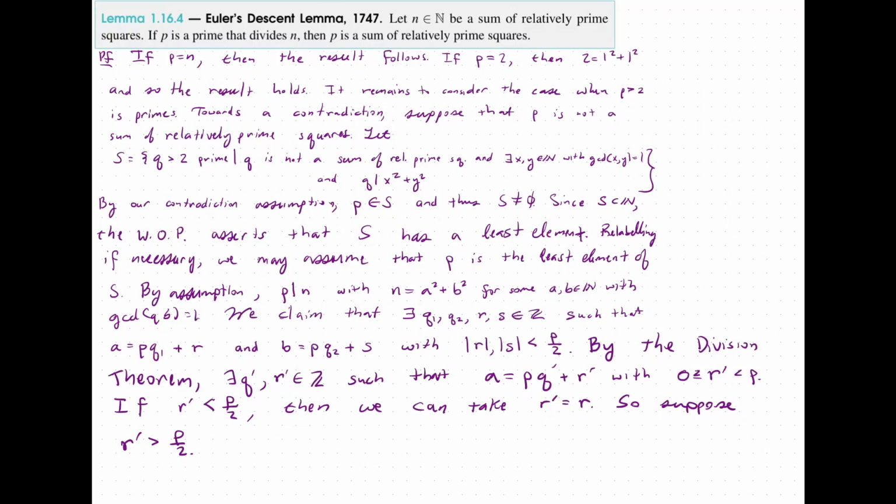And so now, let's go ahead and observe that A is congruent to R prime mod P, but this is also going to be congruent to R prime minus P mod P, since P is congruent to 0 mod P. So what we're going to do now is take the inequality, this here, alongside R prime being less than P, and we're going to subtract P from each side of that inequality.